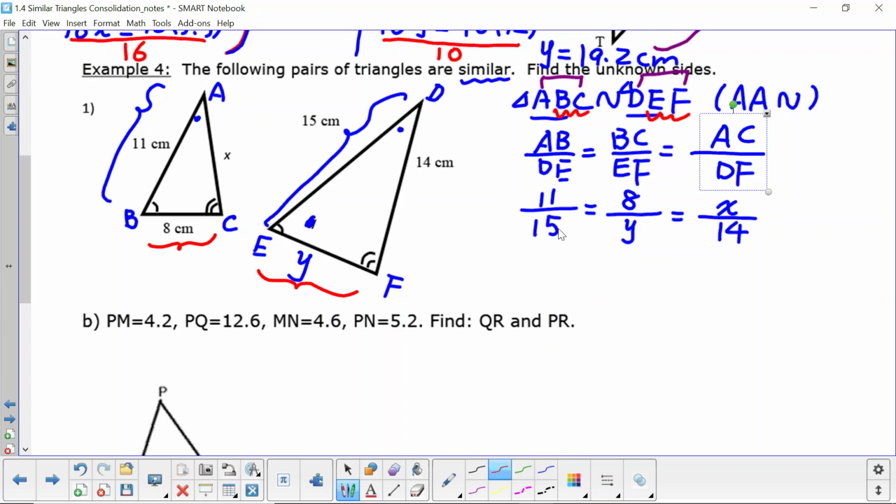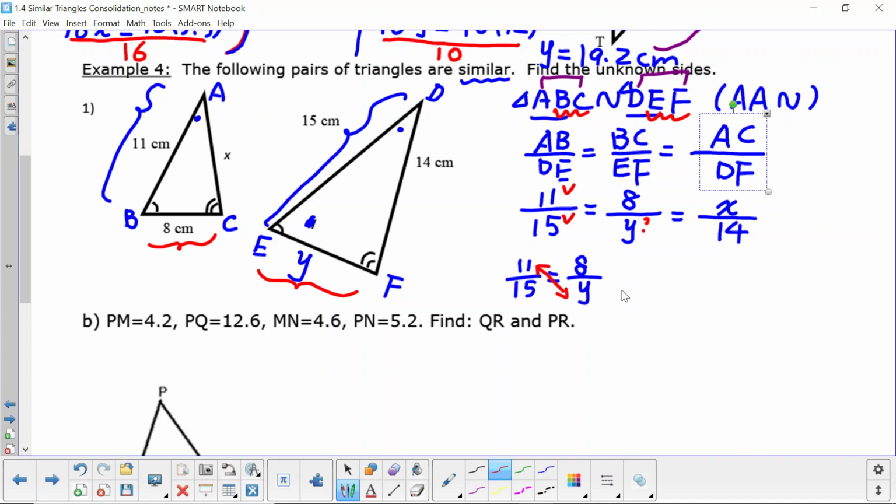Now we are going to set up equation and find X and Y. So these both numerator, denominator are given. We are going to use this ratio, then set up one equation for Y. So 11 over 15 equals 8 divided by Y. Then we are going to do cross multiply.